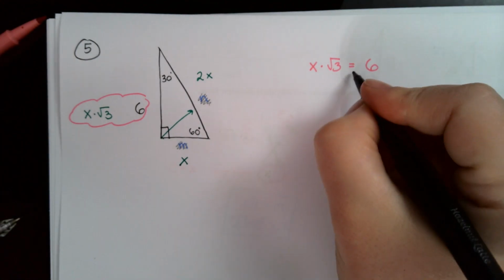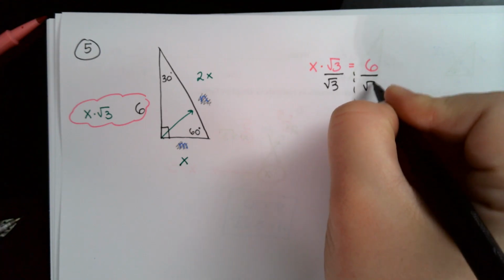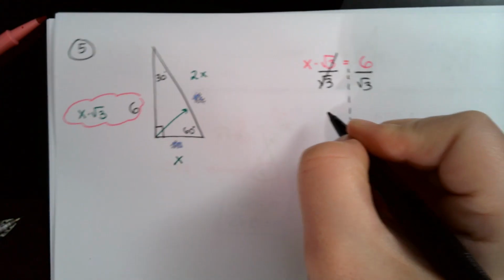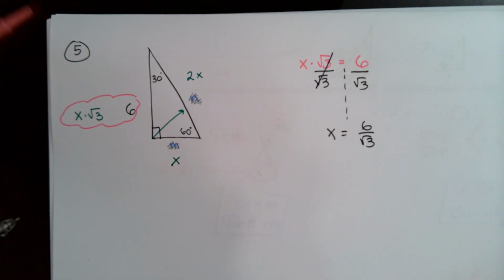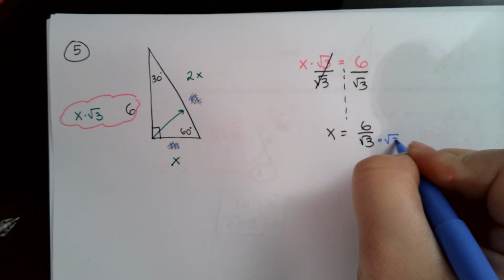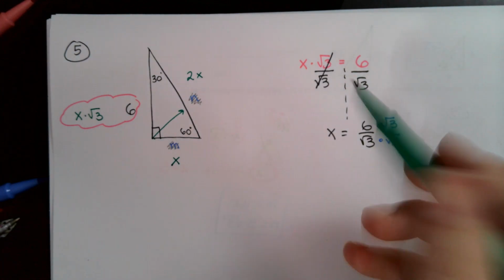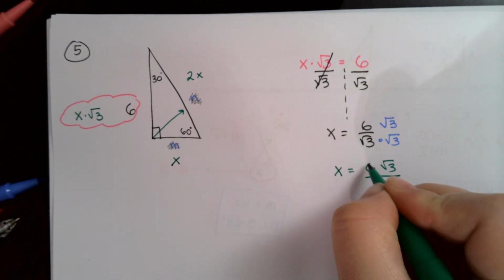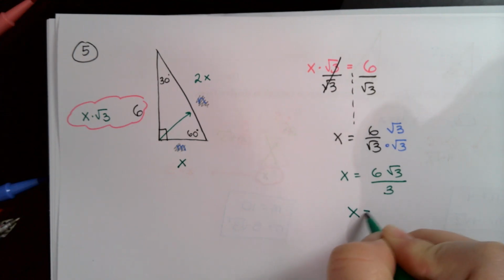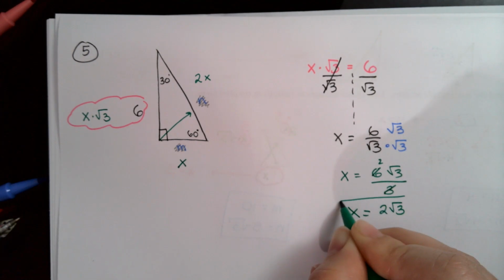We're going to divide by the square root of 3, divide by the square root of 3, and rationalize. Multiply top and bottom by root 3. X is equal to 6 root 3 over 3. Simplifying that, 3 goes into 6 twice, so 2 root 3 is my x value.